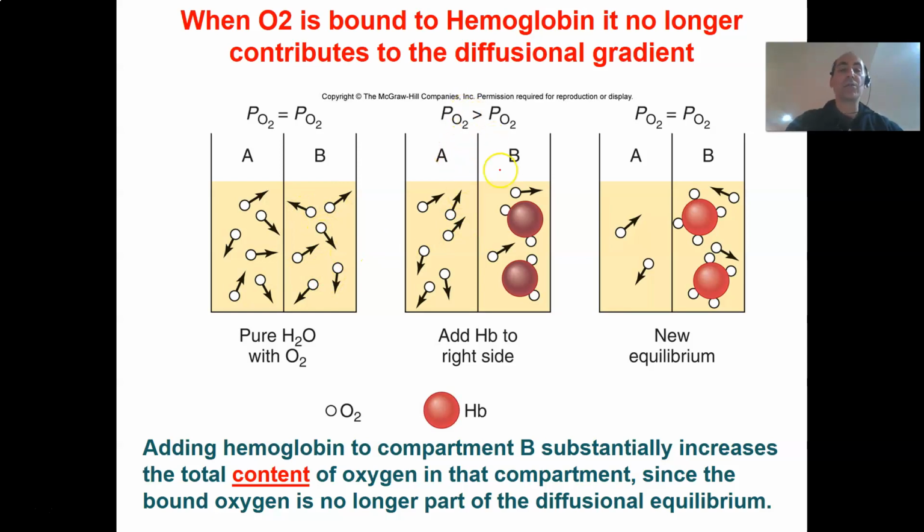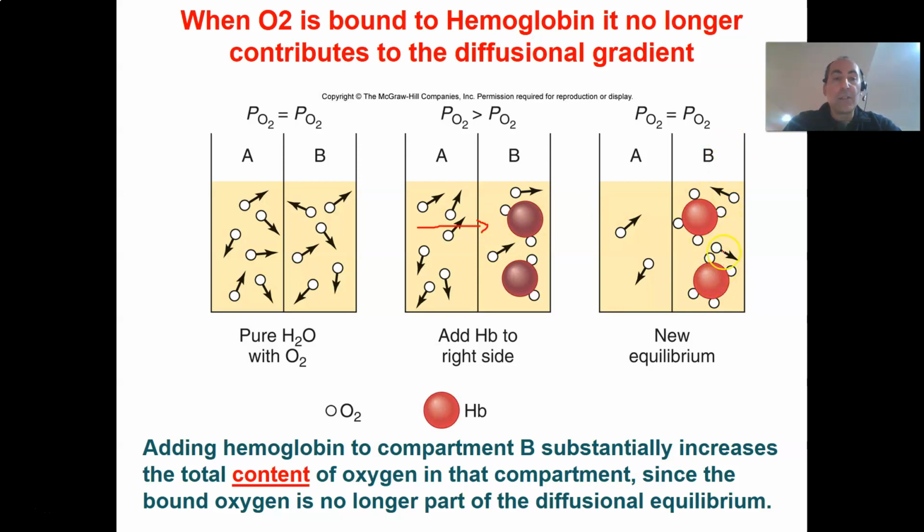When PO2 is greater in the blood than in the compartment with hemoglobin, then oxygen will go down its concentration gradient, and as long as there are spaces left on the hemoglobin, oxygen will diffuse to the hemoglobin and will bind.